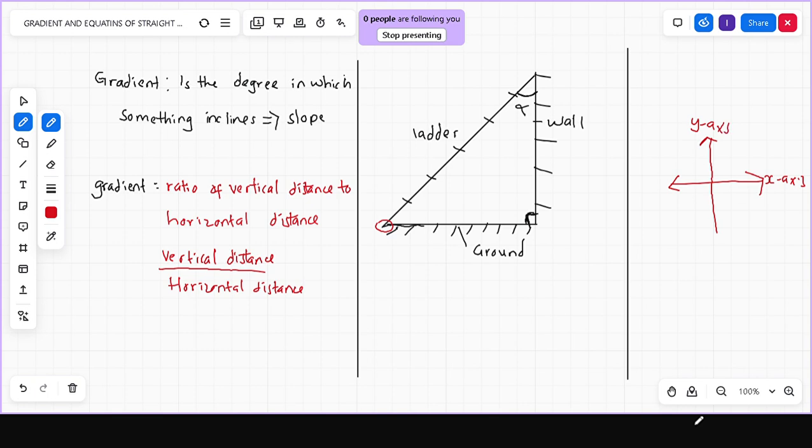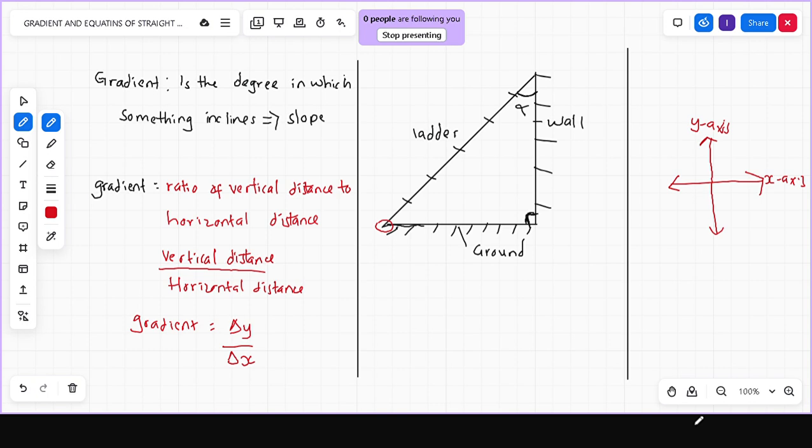When you want to find the gradient of a line passing through particular points on a Cartesian plane, this gradient can be obtained using the ratio of the change in y coordinates, let me denote this as delta y, over delta x, the change in the x coordinates. That is when you are given two points where the line passes through on a Cartesian plane.